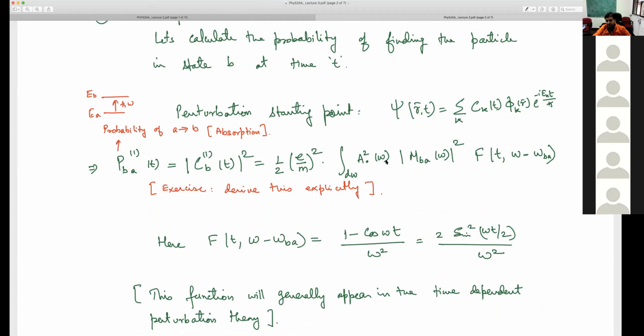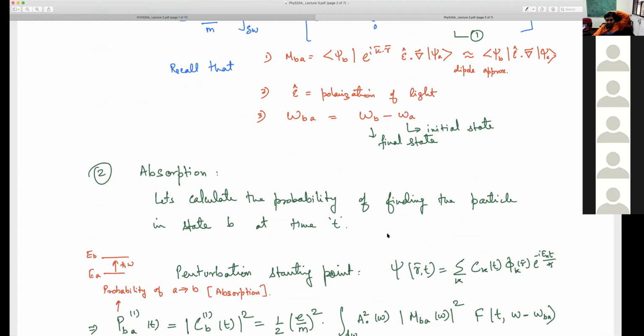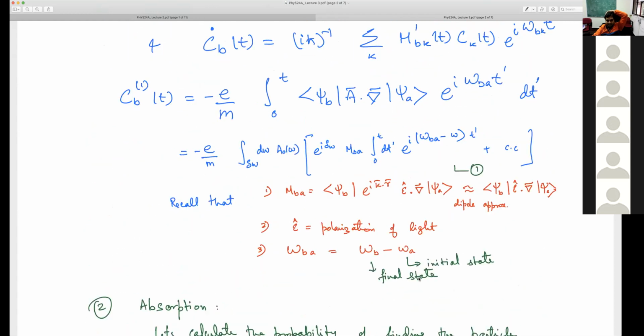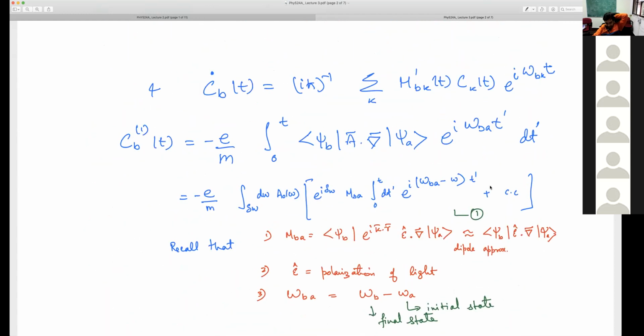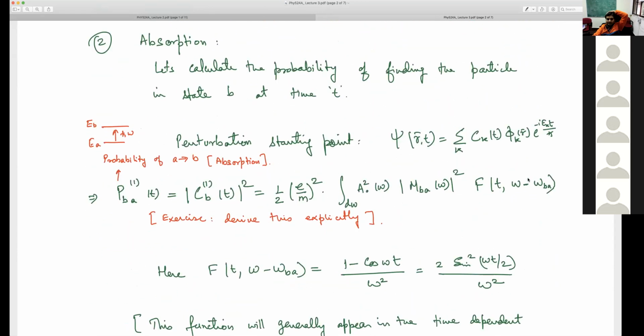So A0² of ω, |M_BA(ω)|² whole squared, and this time dependent function, which is f_t(ω − ω_BA). Please try to do this, I'll leave this as an exercise. Try to derive this explicitly starting from here.